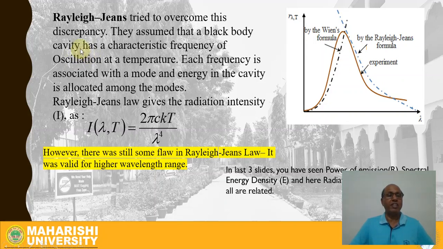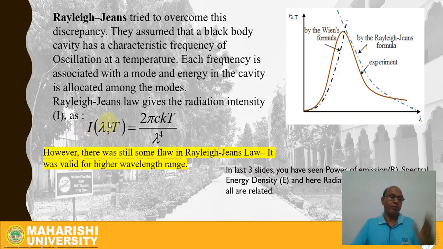When they call it a cavity, that means it has a characteristic frequency of oscillation at a temperature, and they explained that each frequency is associated with a mode, and energy in the cavity is allocated among the modes. So that is normal with any oscillation and its different modes. And Rayleigh and Jeans gave a formula which indicated the intensity of radiation, here they have denoted as I. So please ignore these different nomenclatures, and each are related also.